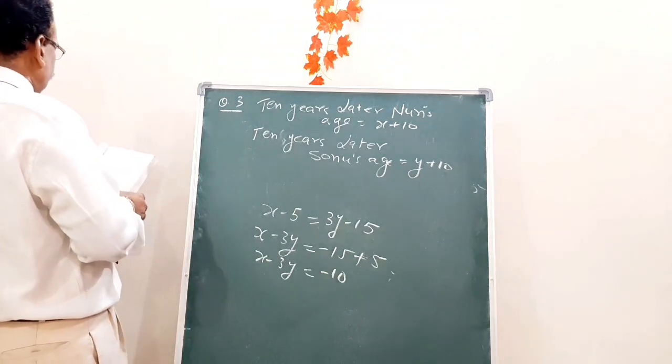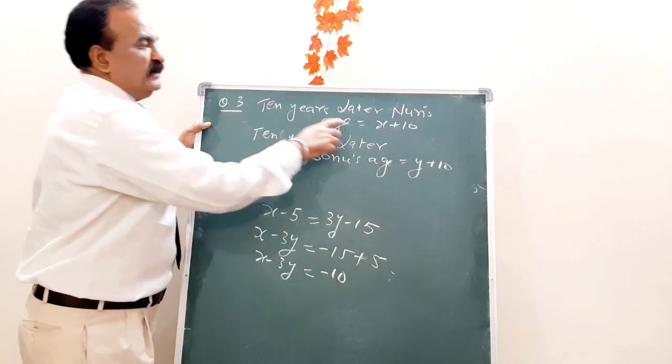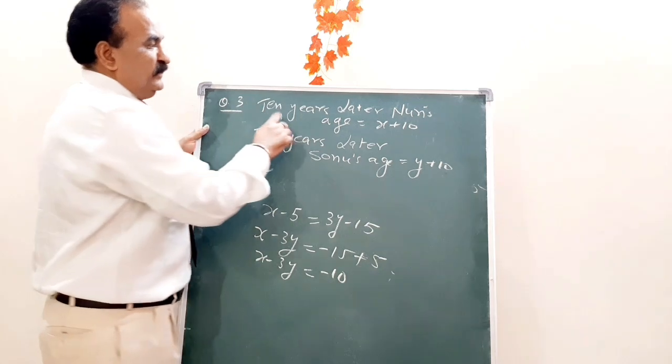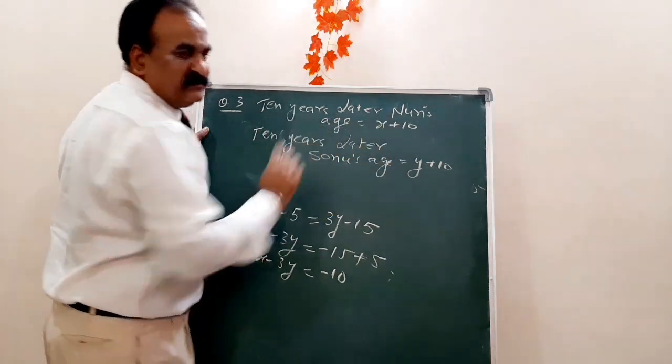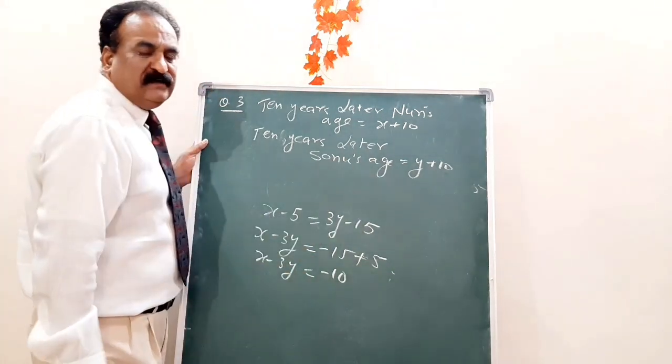Okay, see the question. 10 years later the Nuri's age x plus 10. So 10 years later the Sonu's age will be y plus 10.